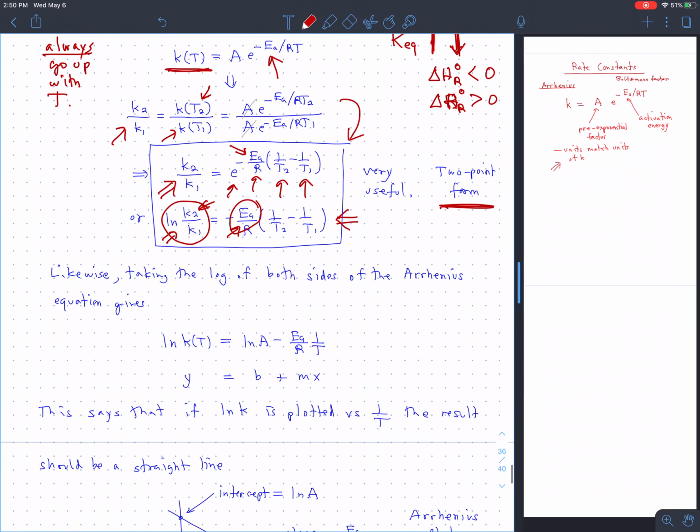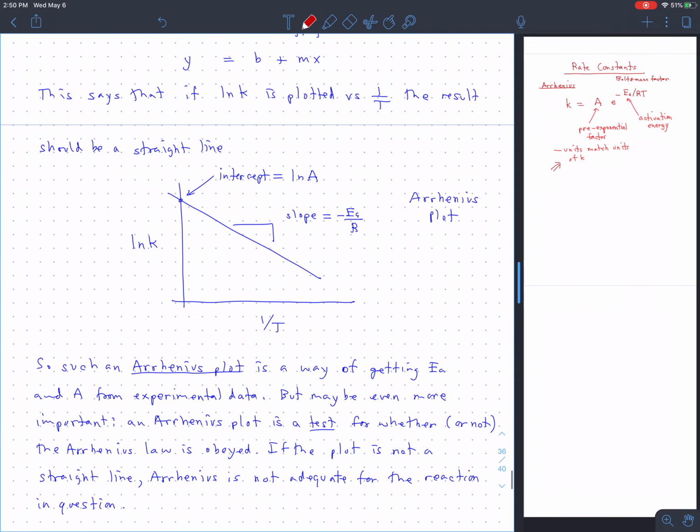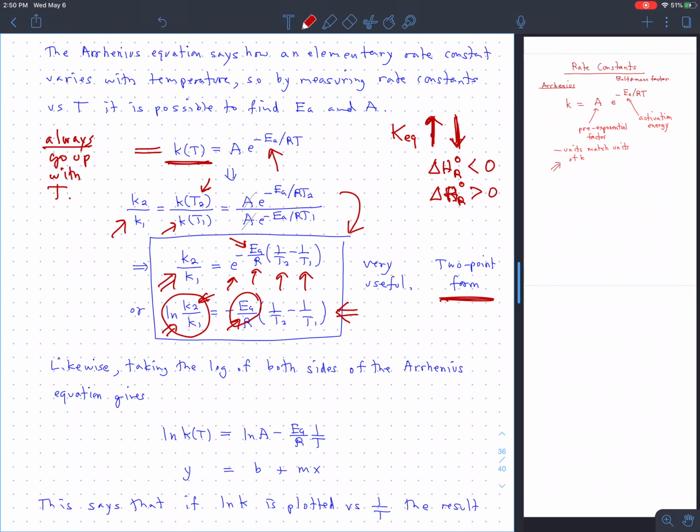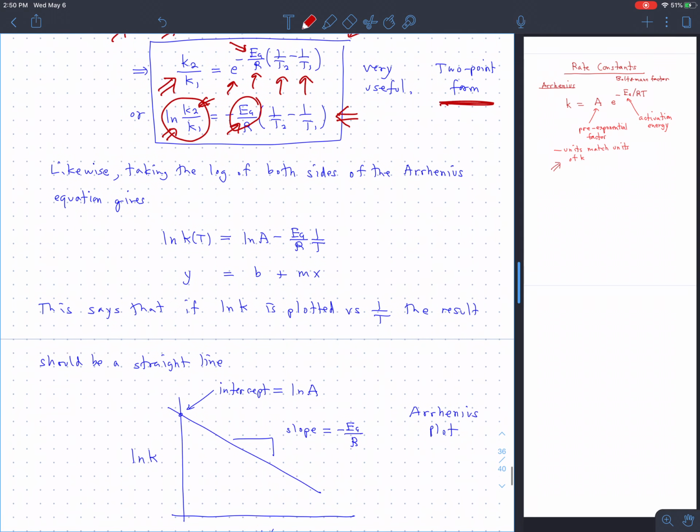But there's a better way for most applications, for most research setting kinds of applications, and that's the following. Let's suppose we just take the natural logarithm of both sides of the Arrhenius law. Then we get the following. The log of the rate constant as a function of temperature is equal to the log of the pre-exponential factor minus EA over R times 1 over T. If we compare that to the equation for a straight line, if we call the log of k of T to be Y, we call X to be 1 over T, then minus EA over R is the slope, and the log of A is the intercept.